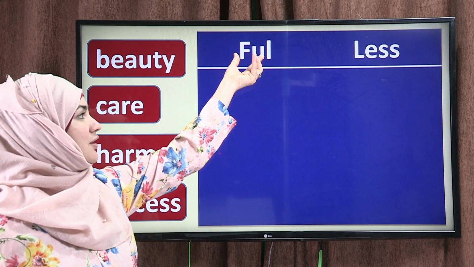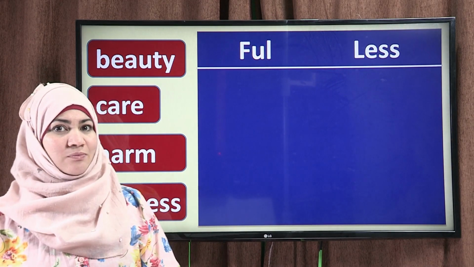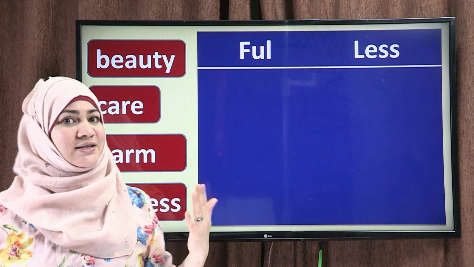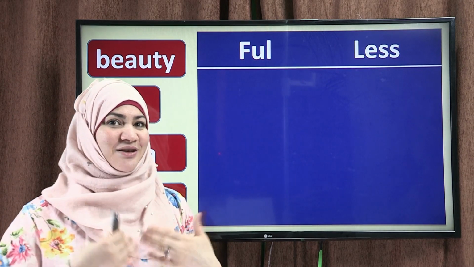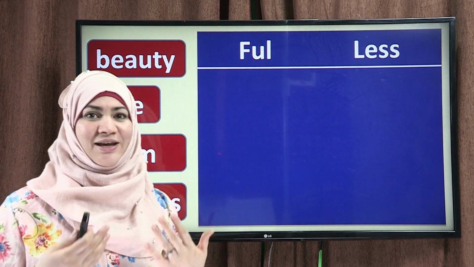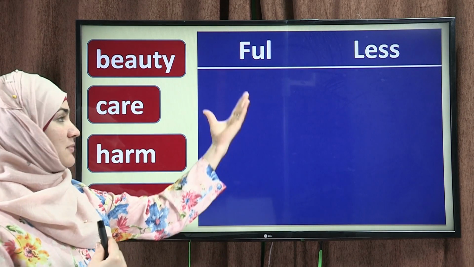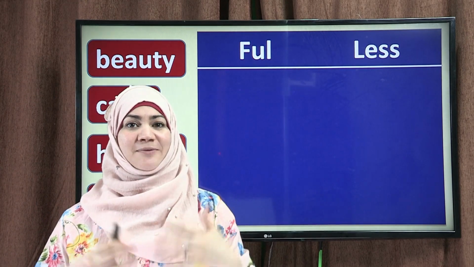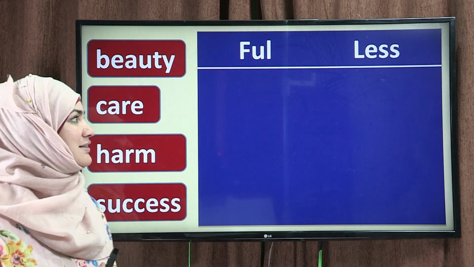We have full and we have less. We can form adjectives by adding these suffixes to these nouns. I think it's very easy for you. We can form adjectives from these words, an adjective and at the same time its opposite.